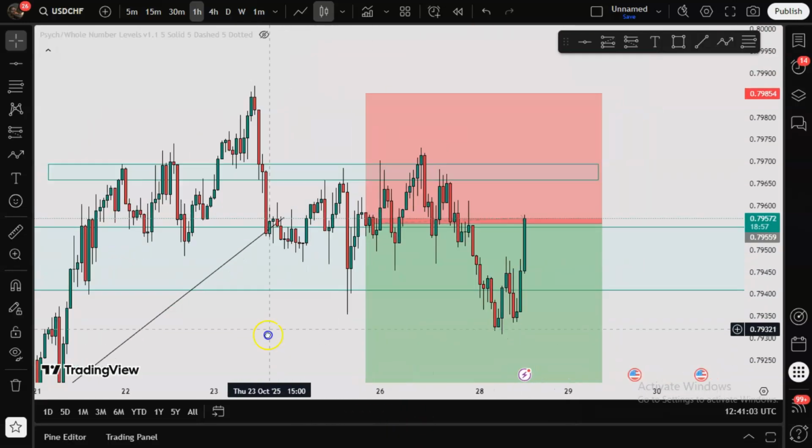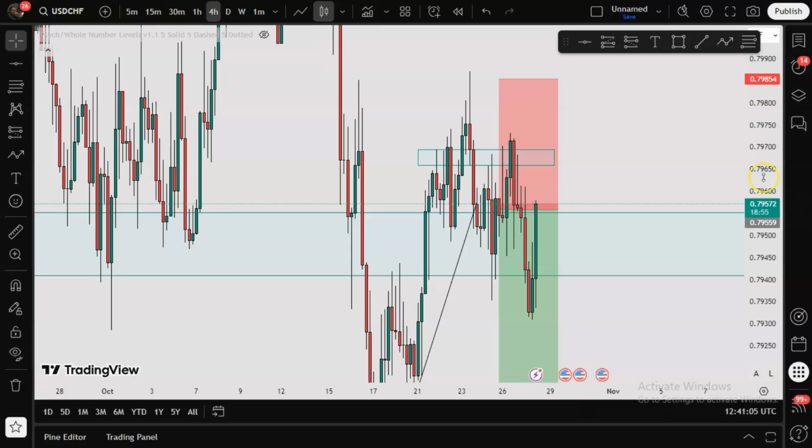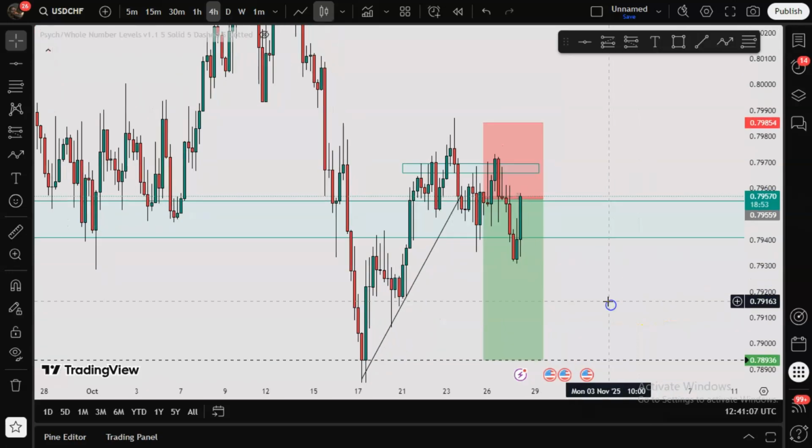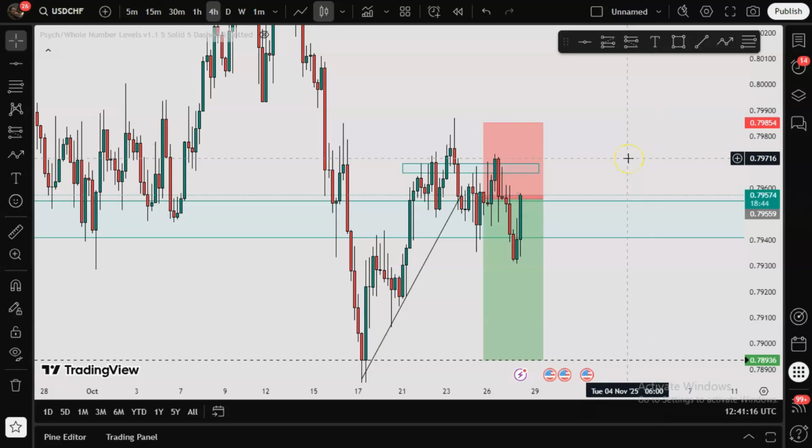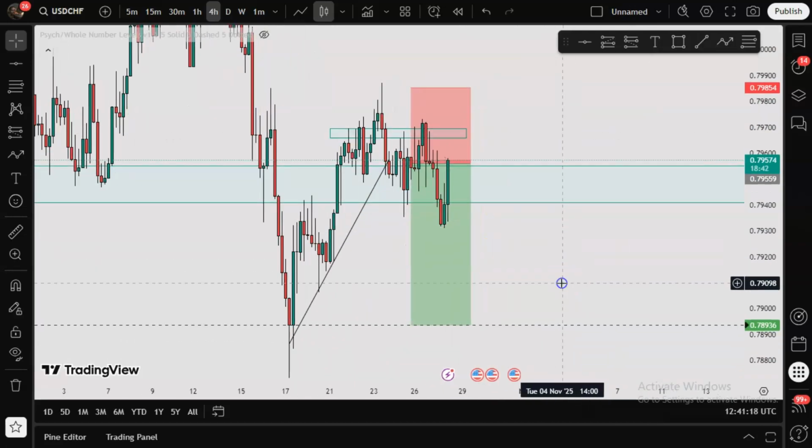We are still in, guys. We are still in the trade. If this trade comes to my stop, that means the price is not actually going down again. So I'm still positive on this trade. We are still in.